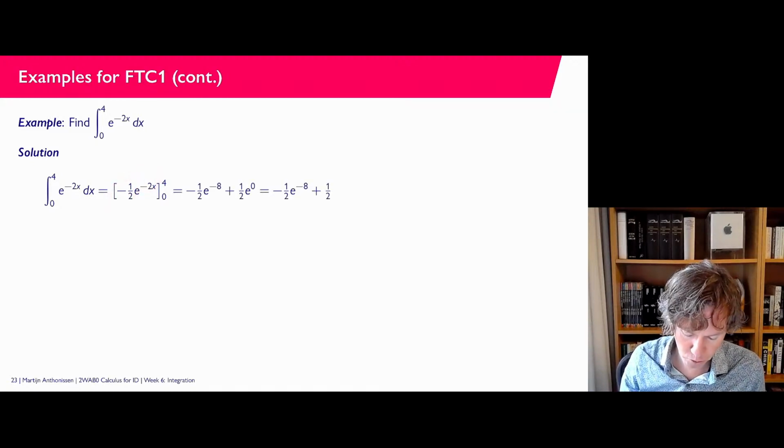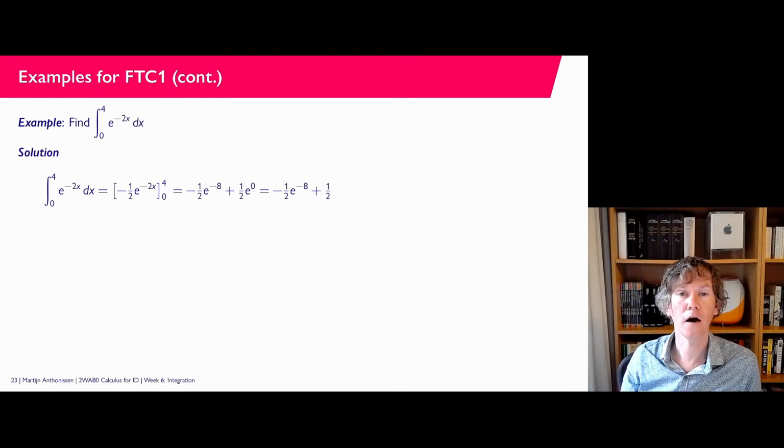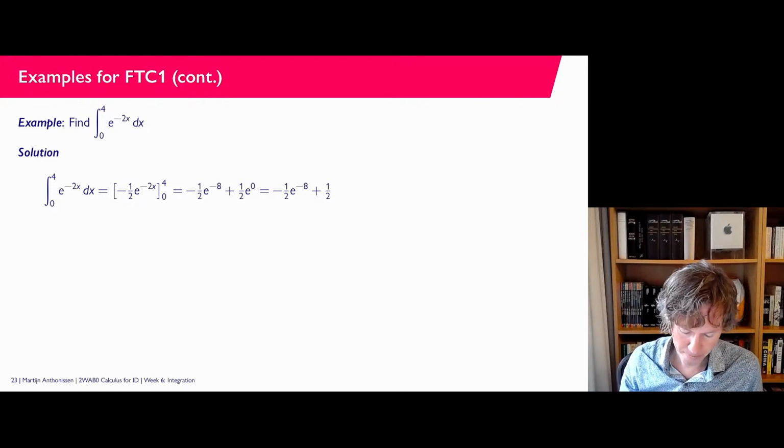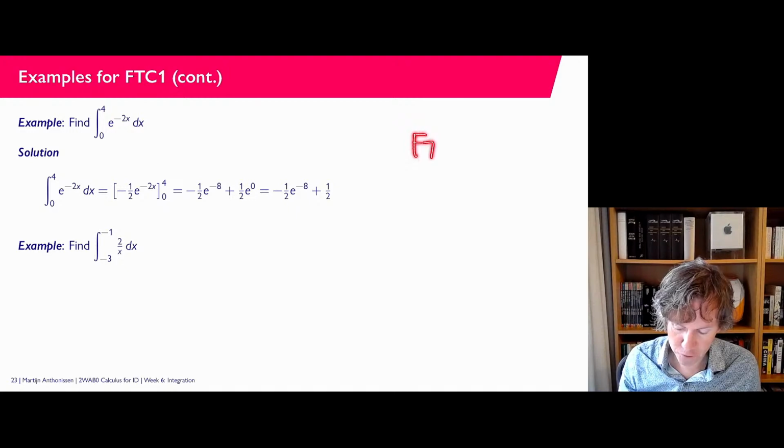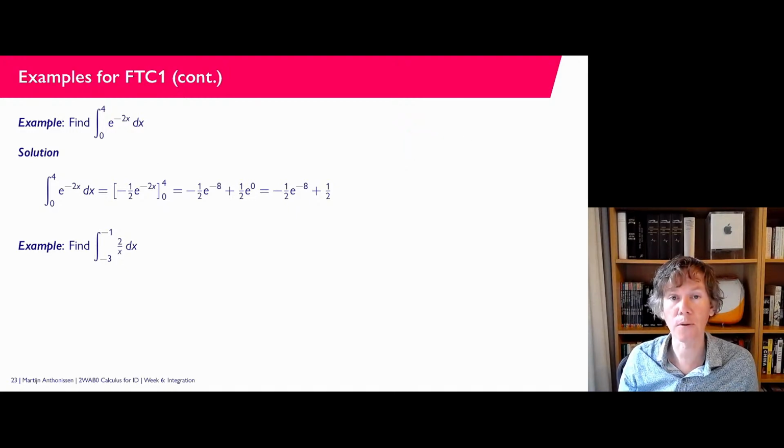And then you substitute the limits, and you find that apparently this here is the value of the integral. This is all stuff that you already know, so I'm just going through them to show you that this FTC1, as we labeled it here, is nothing new. This is how you have been doing integrals all your life.